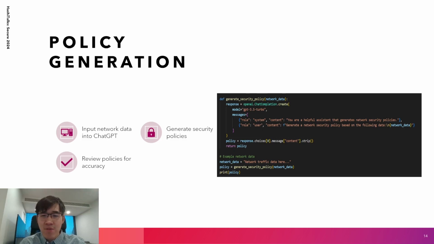As you can see over here, I have a function called generate security policy. What I'm doing here is creating a declaration and putting through a prompt that says you are a helpful assistant that generates network security policies.